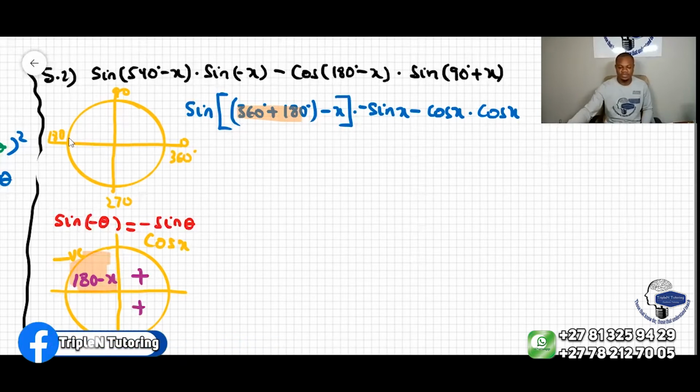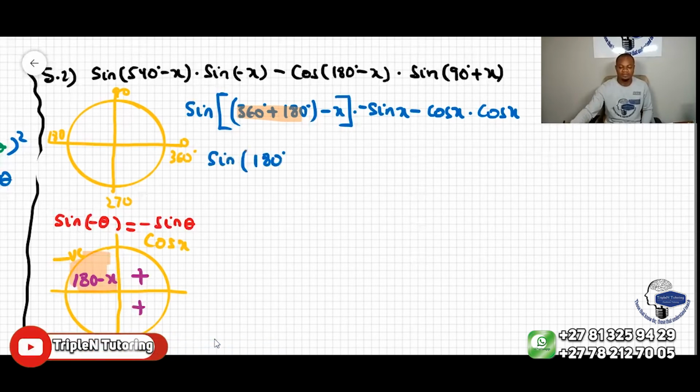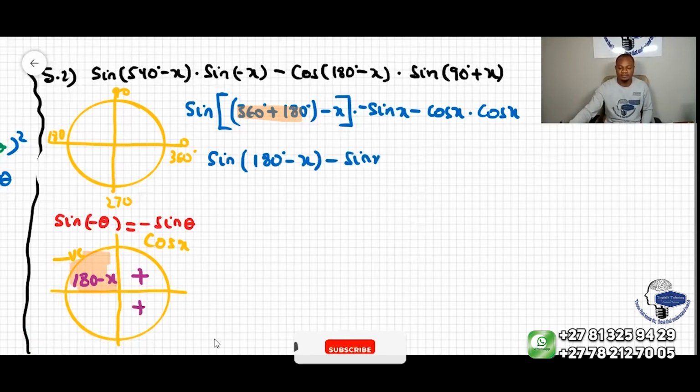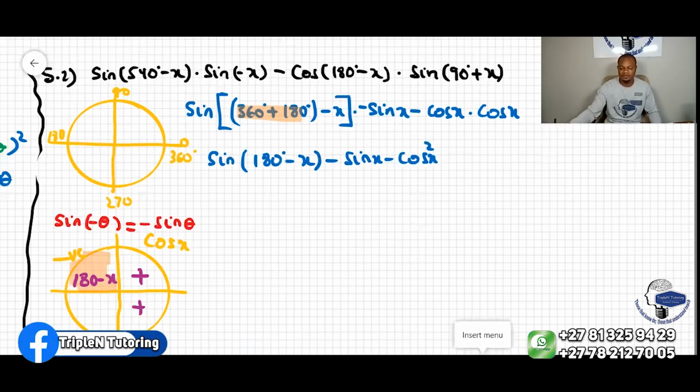So this will be sine of (180 degrees minus x) times negative sine of x, minus cos x squared. Let me write it like this: cos squared x.